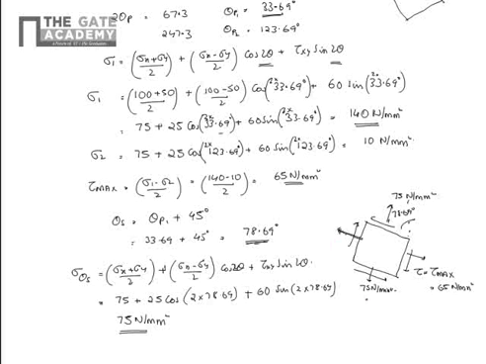For this other plane, again the angle will be different. Let's call them S1 and S2. The angle will be 90 minus 78.69. That is this angle.